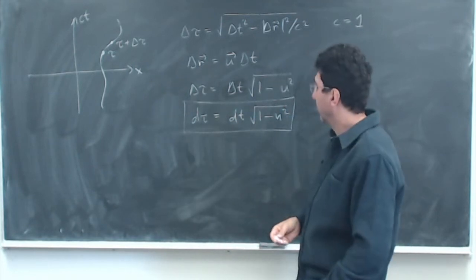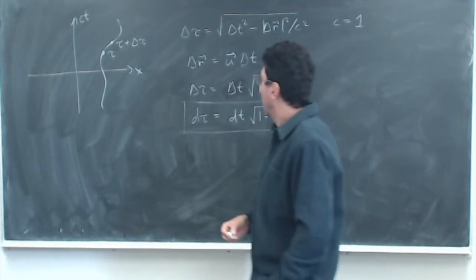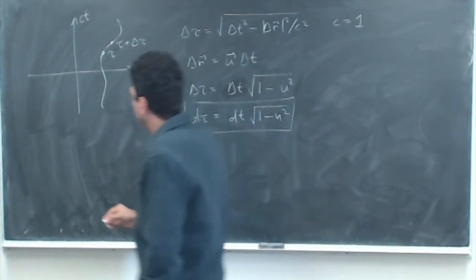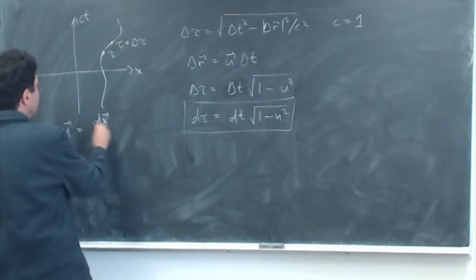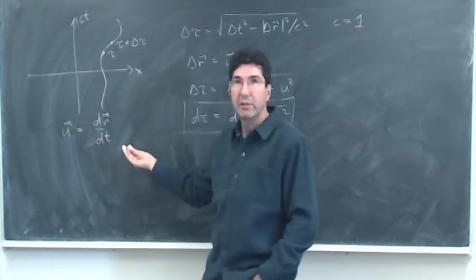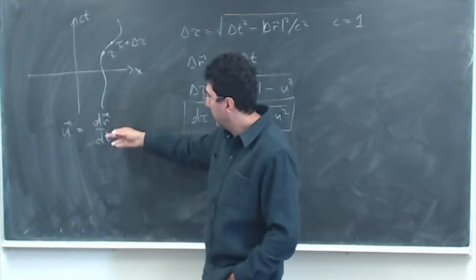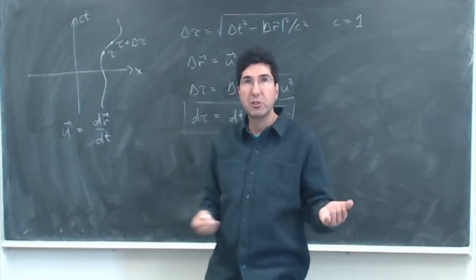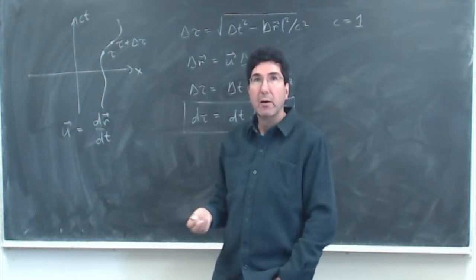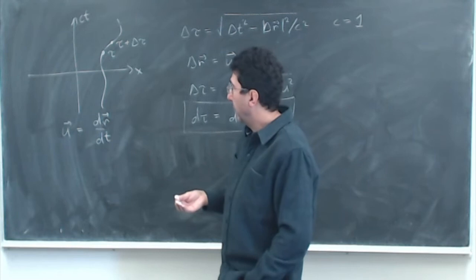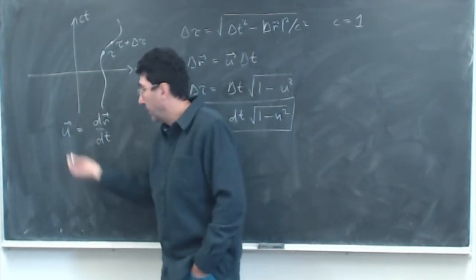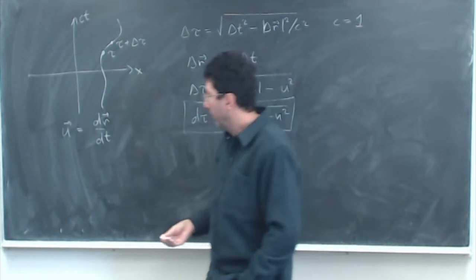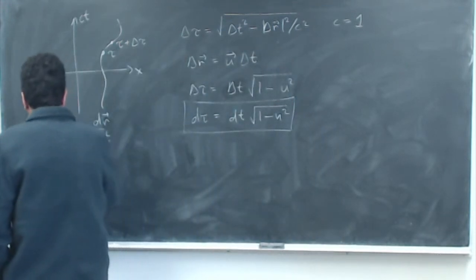So, for example, just to emphasize this, u, the ordinary 3-vector, would be dr/dt. That is the ordinary 3-velocity. But both r and t change when you change reference frames. Now what we want to do is define a 4-vector quantity that encodes the velocity of the particle. We call this thing eta mu.